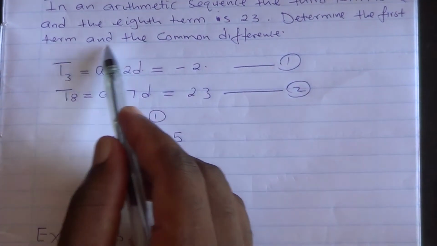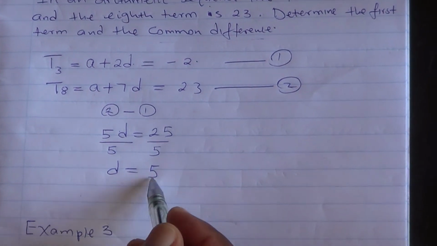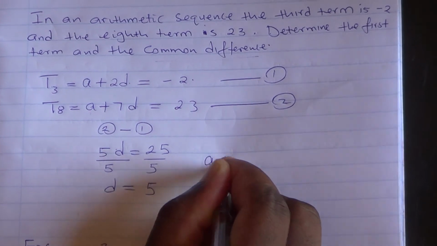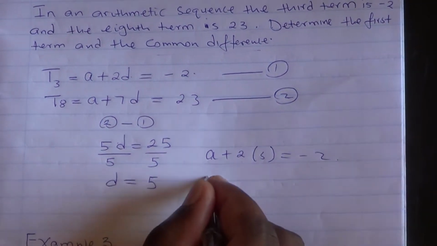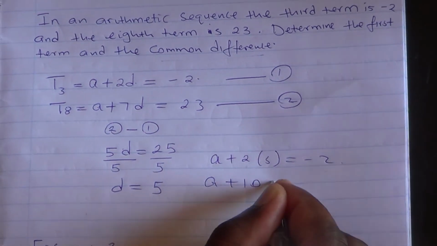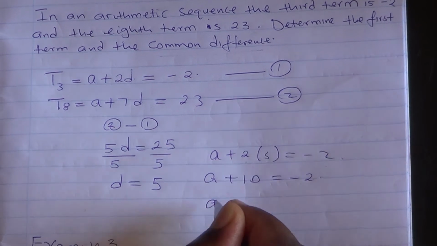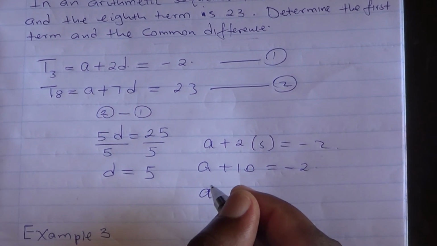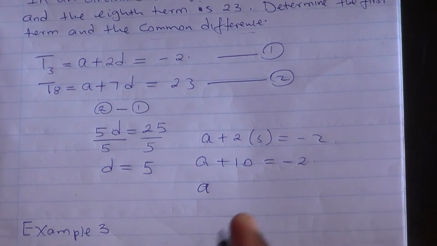That's the common difference. Now what about the first term? Let's take this 5 and replace where there's d. So we're going to have a plus 2 times 5 is equal to minus 2. a plus 10 is equal to minus 2. Let's group them.